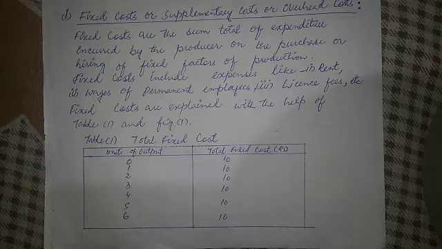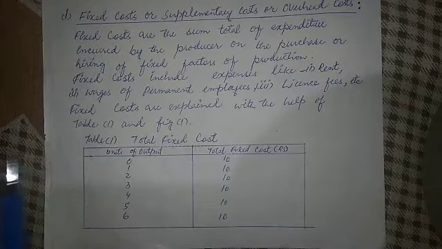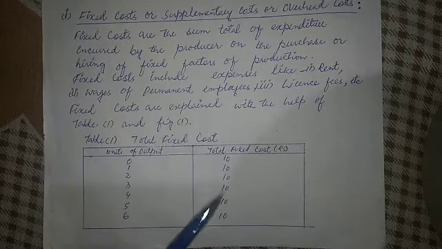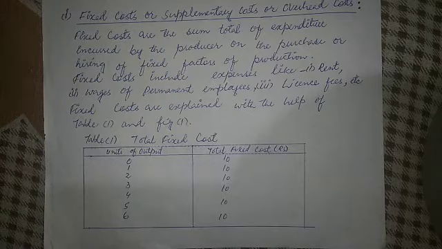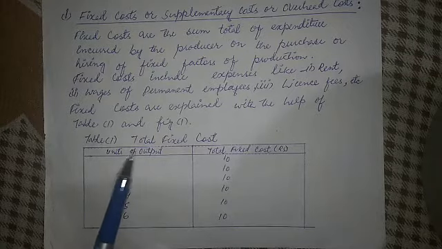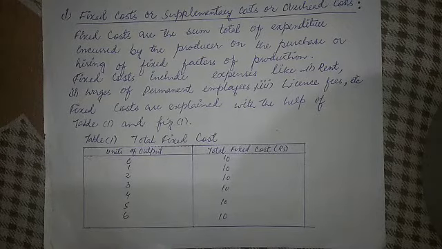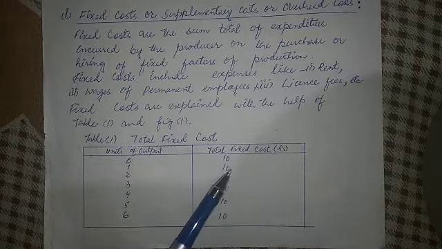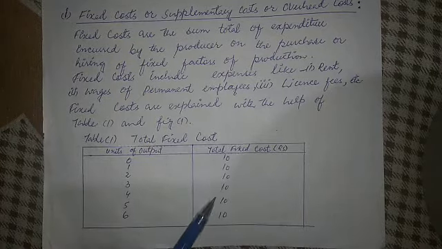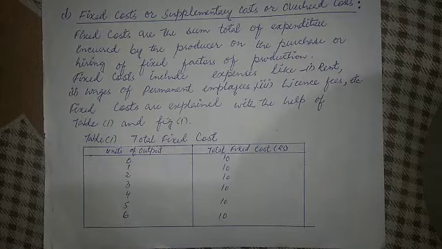Now, in this table, you see, table 1 indicates that fixed cost remains constant at all levels of output. When output is of 0 unit, the fixed cost is rupees 10. When it increases to 2 or 4 or 6 units, even then the total fixed cost is rupees 10.